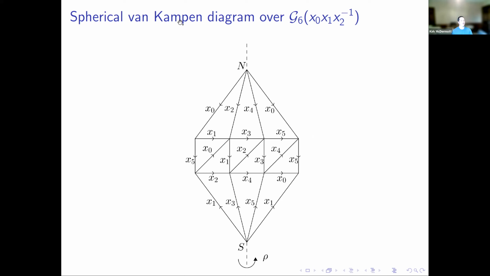General van Kampen diagrams don't have to be spherical, but here the spherical is coming from observing that the outer longitude here and the outer longitude on the right have the same labels, so you can imagine folding them together and therefore obtain your two-sphere.